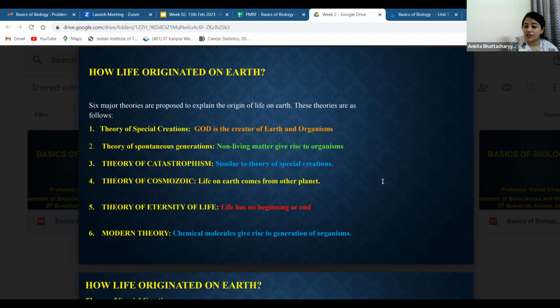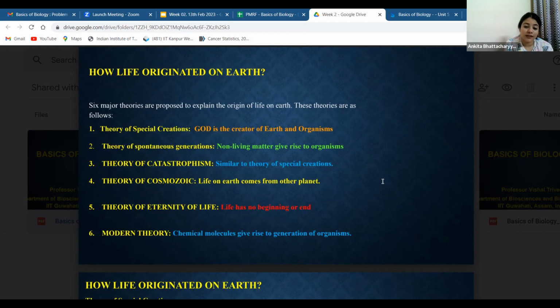Then the theory of spontaneous generation, where non-living material directly gives rise to organisms. While there wasn't much experimental evidence in support of it, as we've already discussed in today's session, there were experiments which disproved it, like Redi's experiment, Spallanzani's experiment, and also Louis Pasteur's experiment. We'll come to those. Then the theory of catastrophism, which was similar to the first theory and did not have much to back it up.